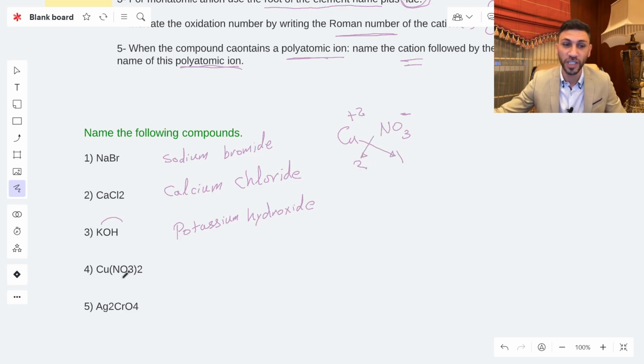So it's going to be copper nitrite. But which copper? Because we have copper positive 1 and copper positive 2. This one is copper positive 2. So I'm going to write copper, then the Roman number 2, and then nitrite.